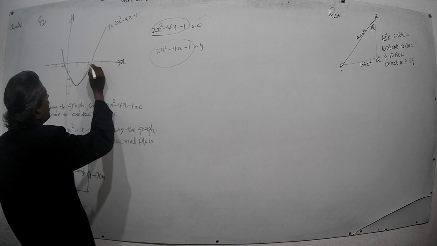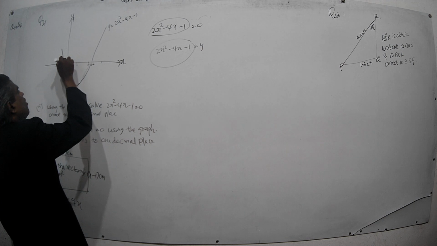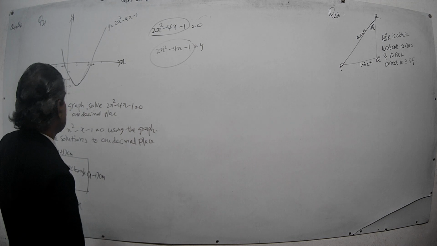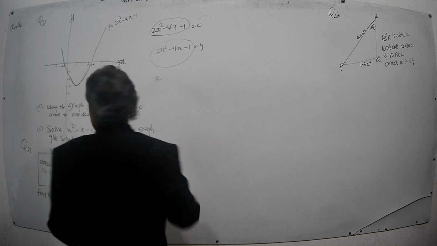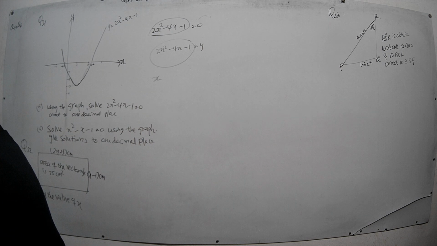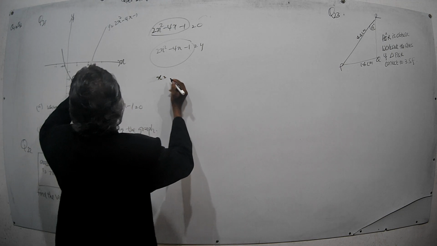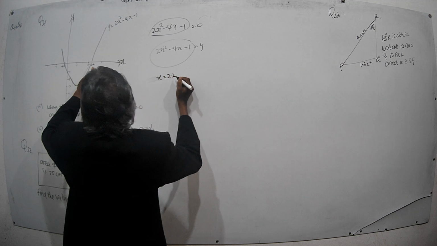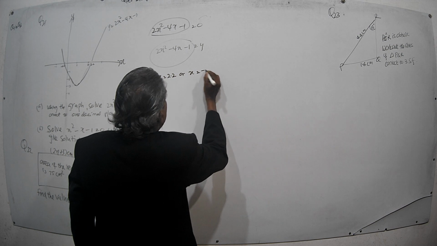The x coordinate when y is 0 here is 2.2, and the x coordinate here is minus 0.2. Therefore, the solutions are x equals 2.2 or x equals minus 0.2.